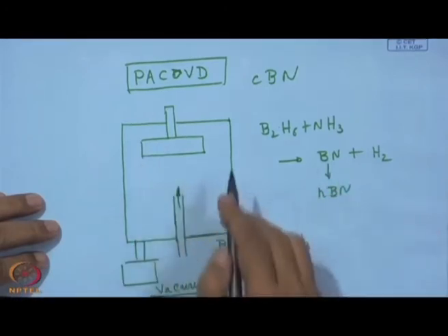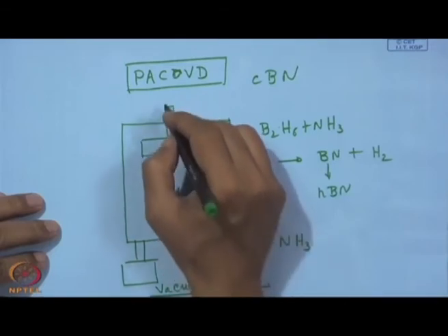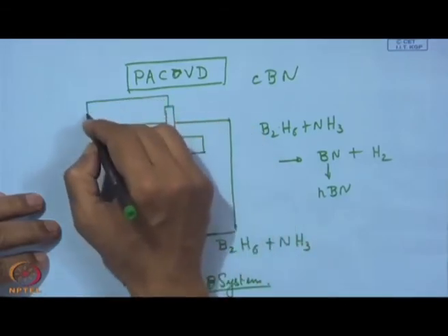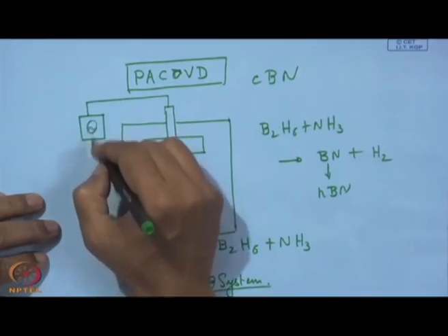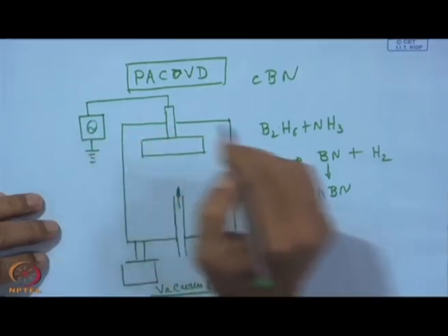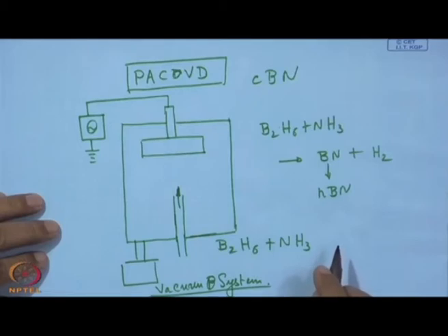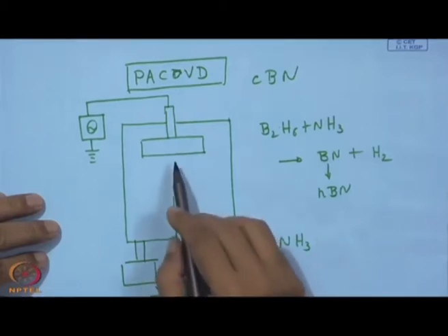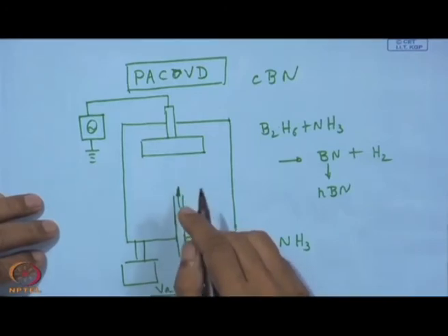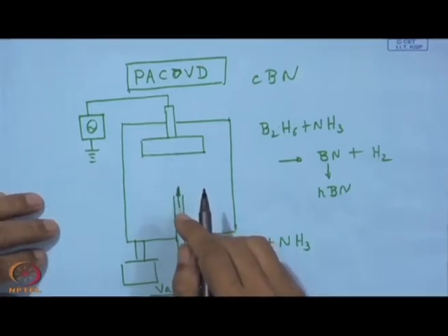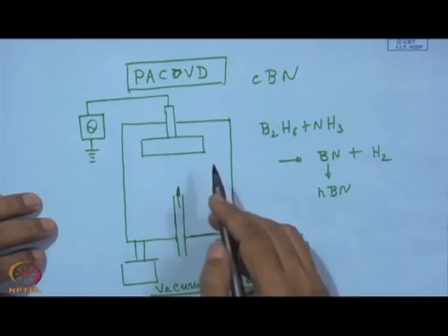But the most important thing here is the generation of ions, which will be attracted towards this surface. That means inside we have to have a cathode.